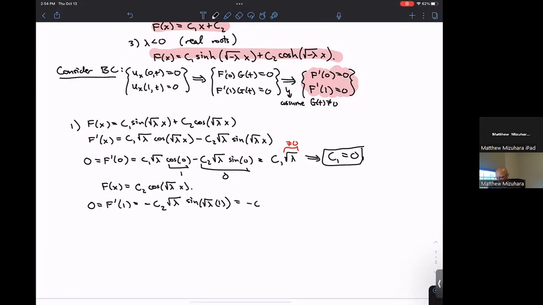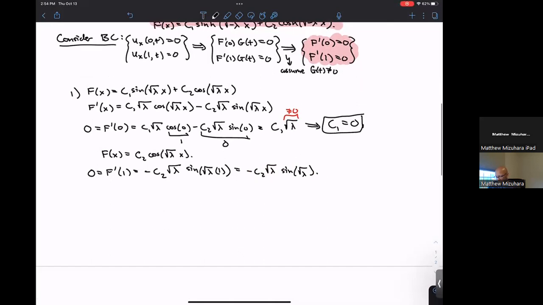So again, I'll simplify a little bit: minus c2 root lambda sine of root lambda. Okay, if I'm looking for non-trivial solutions, I don't want c2 to be 0. Root lambda is never 0. So we can ask, is the sine function ever 0? The answer is yes.